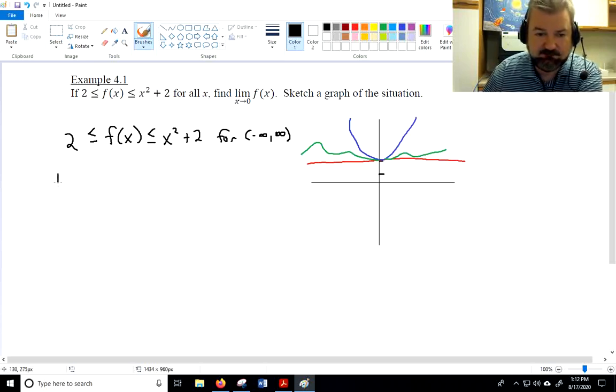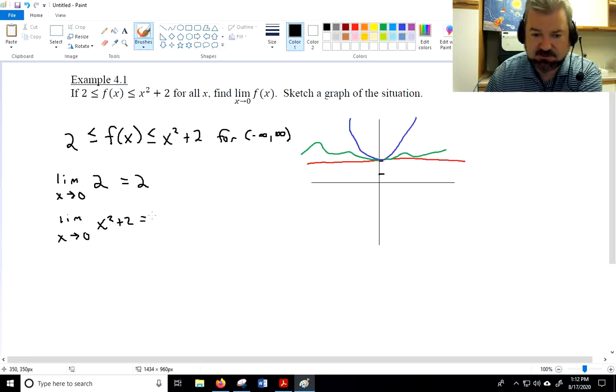The limit as x approaches 0 of 2. The limit of a constant is just the constant. The limit as x approaches 0 of x squared plus 2 is also 2.